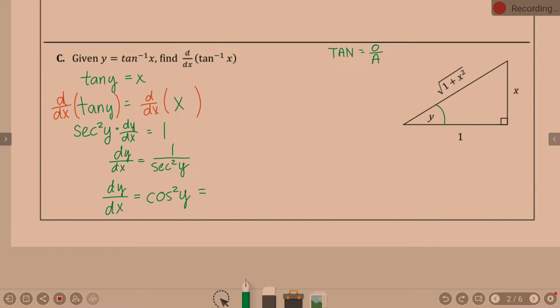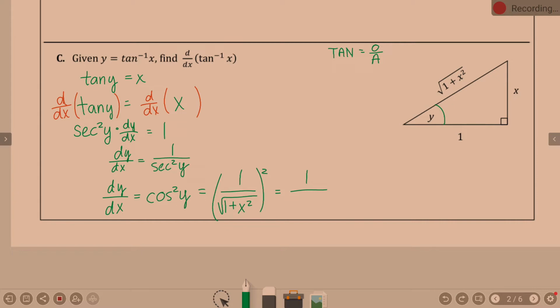Okay, what's cosine of y here, according to our triangle? 1 over the square root of 1 plus x squared. And then that is squared, because it was cosine squared. What happens when we square that fraction? Well, 1 squared is 1.